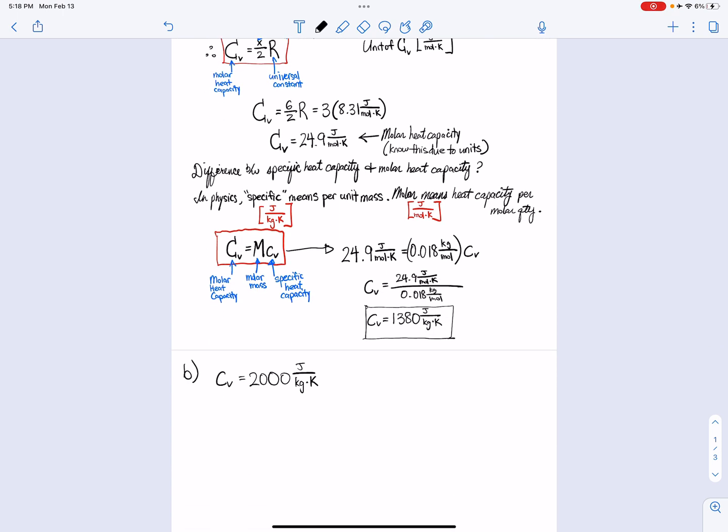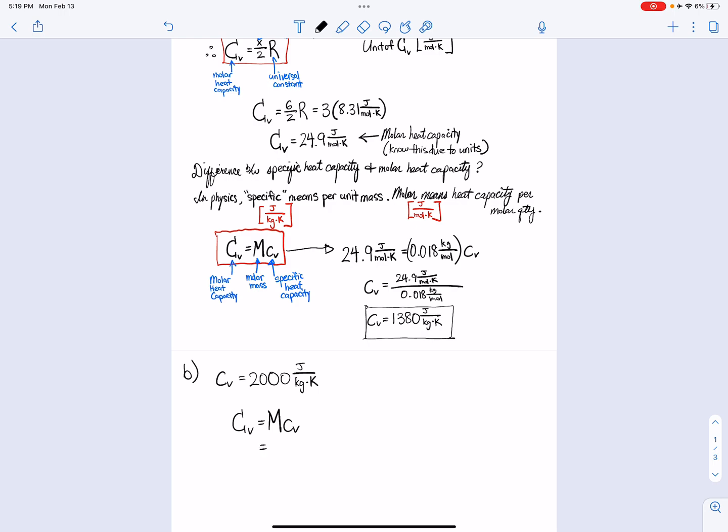Right now I've got the specific heat at lower pressures for water vapor. So I'm just going to change that into my molar heat capacity, and I know I can do that by this formula as we talked about. I'll just plug that in.